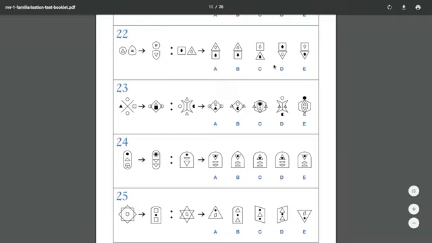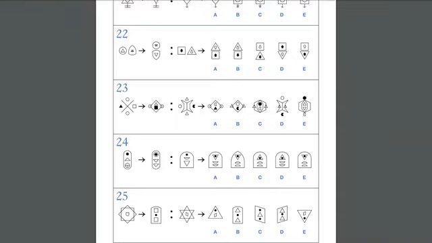Sorry, it goes down. So the ones which are up, try cancelling them. So D and E are cancelled, and A is also cancelled. So your answer is from B and C. We need the arrow up.